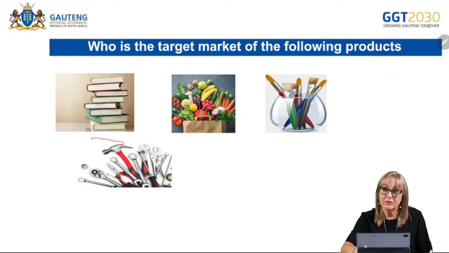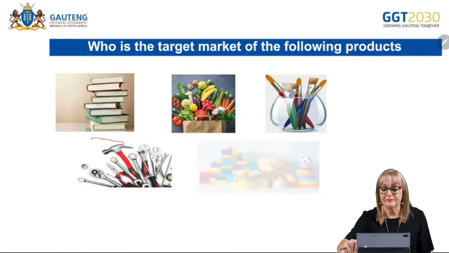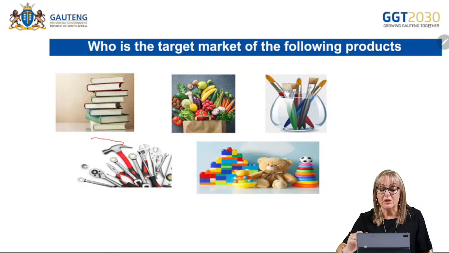Could be your dad, who likes to do do-it-yourself jobs at home, DIY, or it could be interesting to a mechanic, a person fixing cars. And the last picture is of a teddy bear with toys. So mostly mothers would be interested in that one.